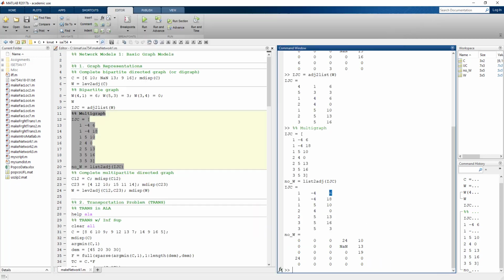The first one has a value 6. The second one has a value 18. When we look at the adjacency matrix and look in this 1, 4 column, and it's symmetric, so we have a 4, 1 has the same value, those values are 24, which is the sum of the 6 and the 18.